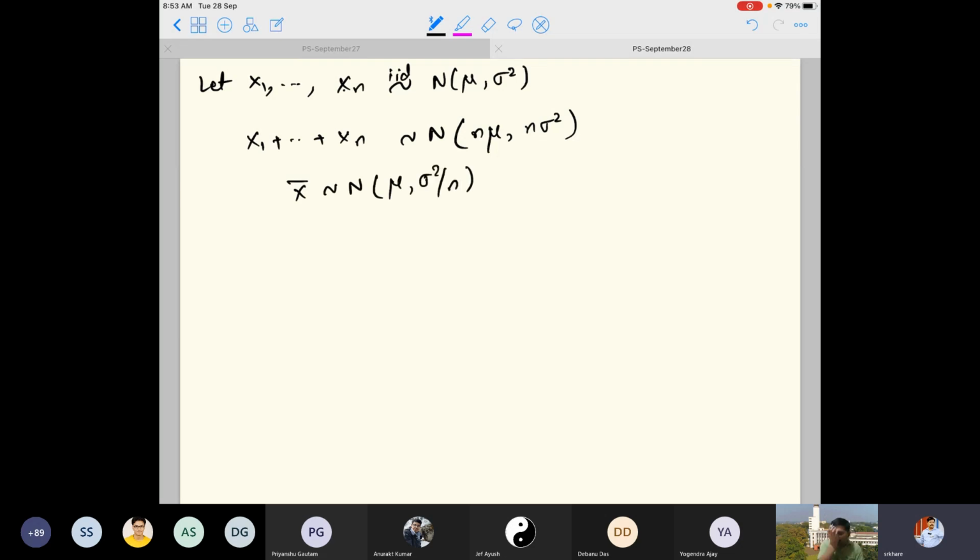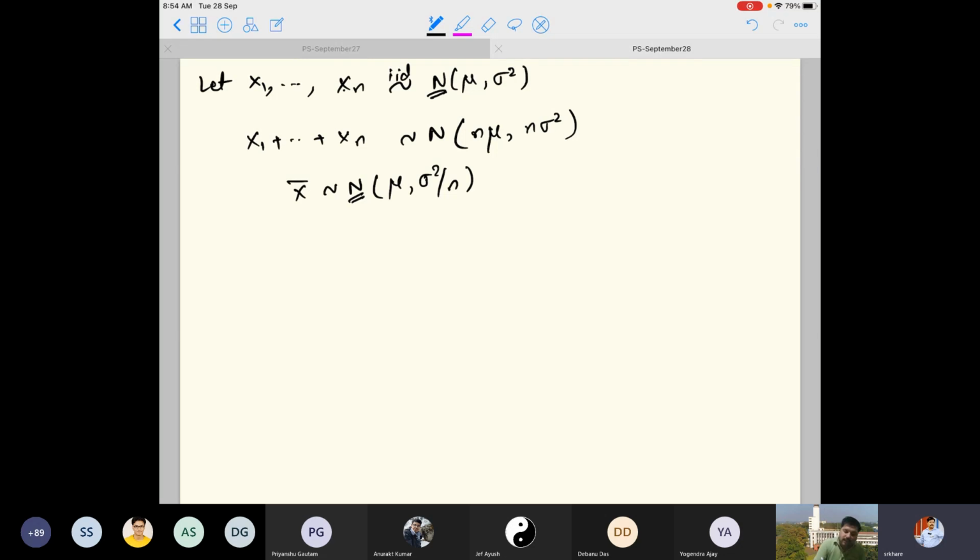There are various ways in which you can prove this result. You can do the transformation on normal, or you can use MGF and prove it. But the important thing is that if X1, X2, Xn are independent, identically distributed normal random variables, then X bar is also a normal random variable. This is really very important.